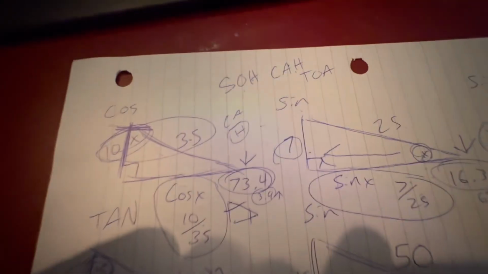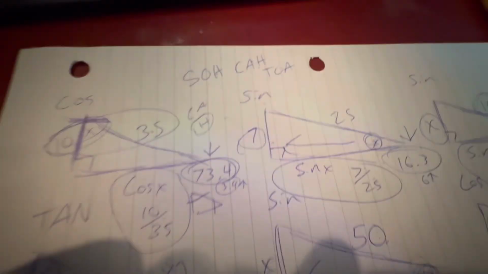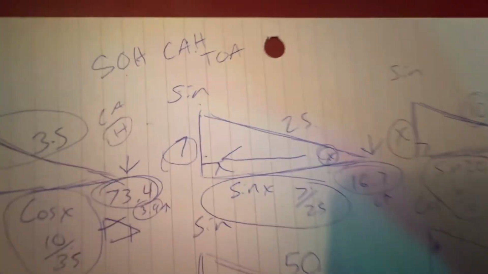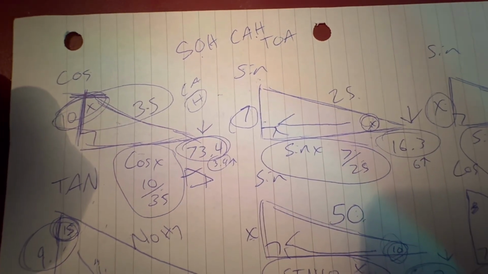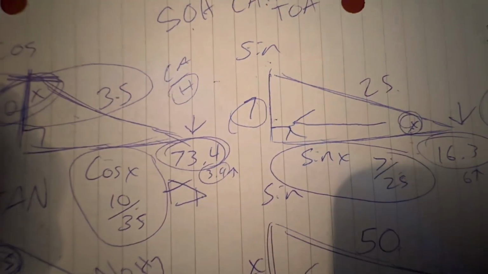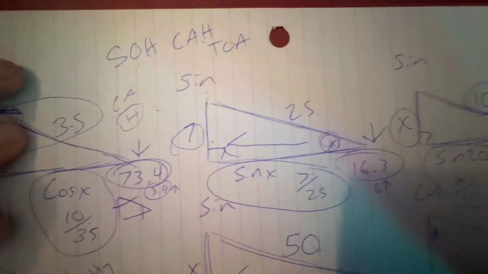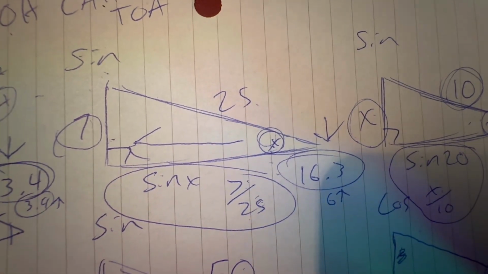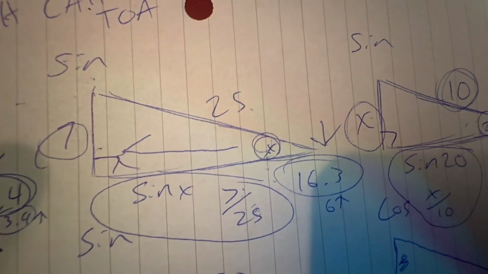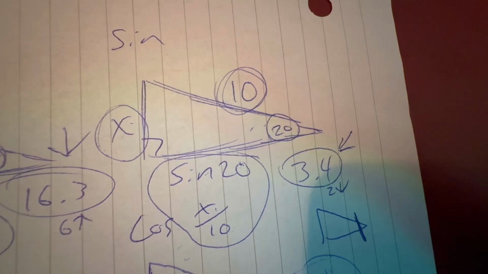Okay. Your answers are going to be, I'm showing y'all guys this so you can check your answers before I go over it. So your first answer for your cosine is going to be 73.4 because the 3.4 rounds up to that 4. Your second answer is going to be 16.3 because that 0.26 rounds up to that 3. Your next answer, 3.4, because that 2 rounds down.